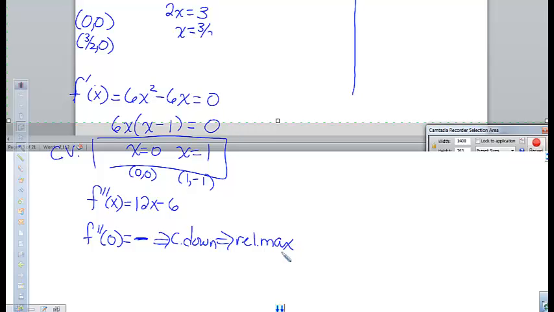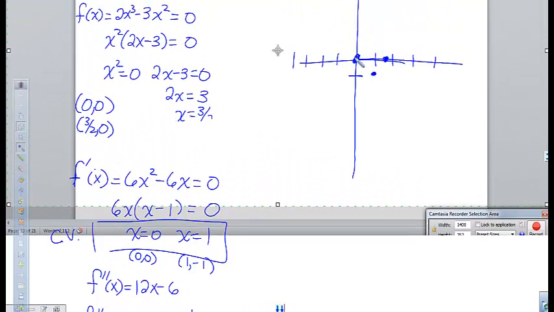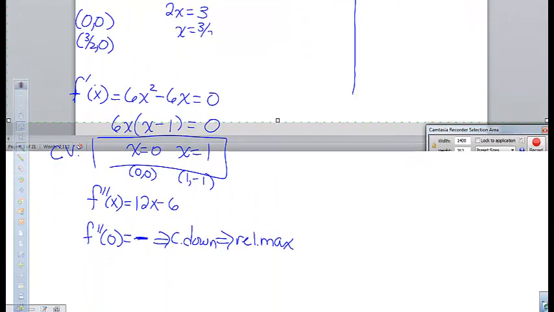So at 0, 0, we can expect the graph to look like a cap like this. Then if we look at f double prime of 1, is it positive or negative? Positive. And so we're going to have concave up, which means it is a relative min.